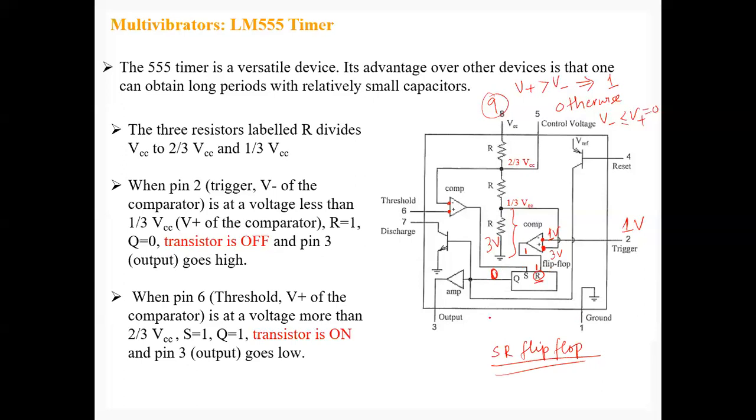R equals 1 means it resets. S equals 1 means it sets. That's the meaning, okay? So R equals 1, meaning it resets, means it gives me 0.